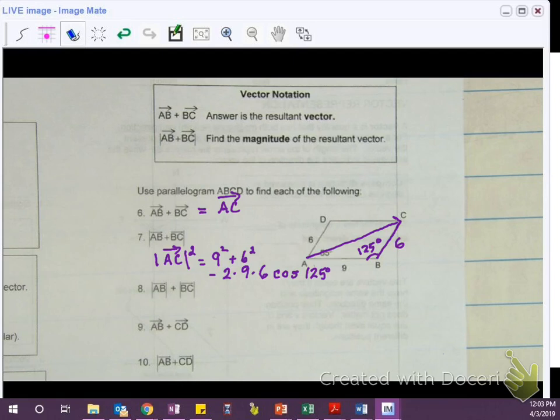We get 147.97, and then we have to take the square root.